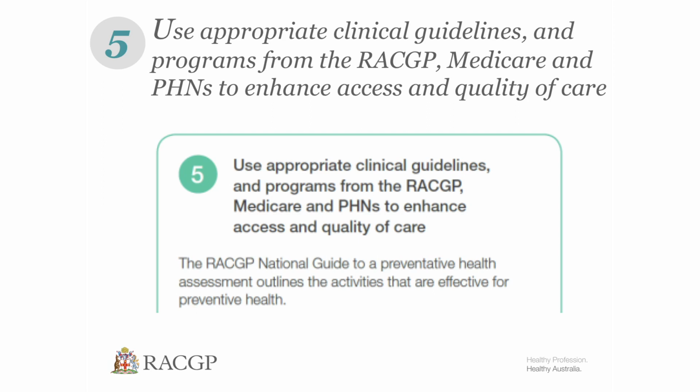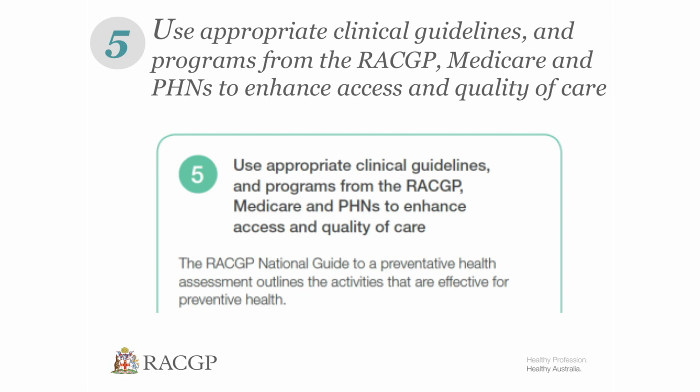Step number 5 is about using appropriate clinical guidelines and programs from RACGP, Medicare, primary health networks, and local health districts to enhance access and quality of care for people.